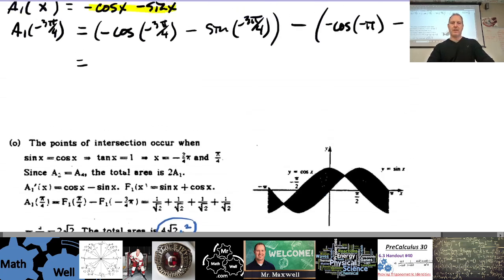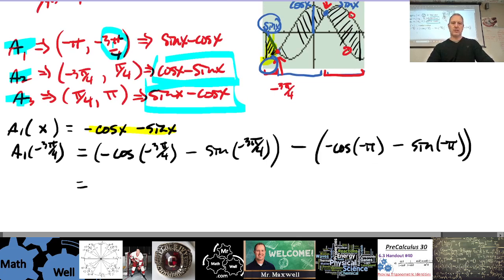And I didn't finish by hand here, but I did start going here. I got distracted helping the students. But this would be your combined function for area 1. And when you take the antiderivative here, you get the sine becomes negative cos, and cos becomes positive sine.